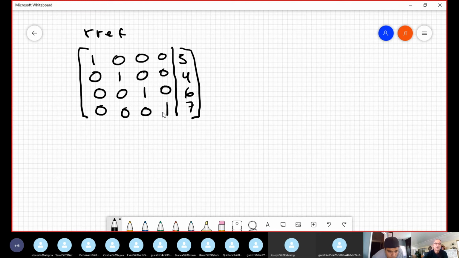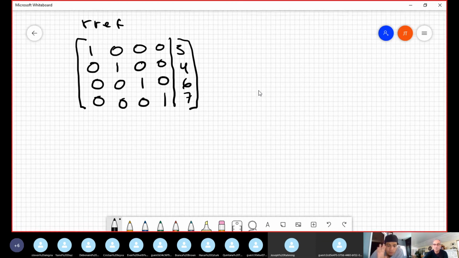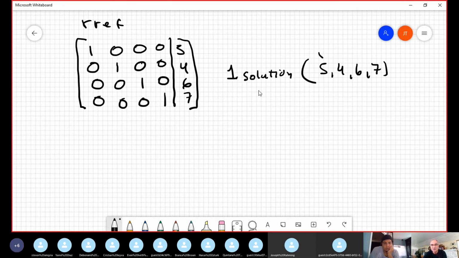How many solutions do we have in this case? One solution. Maybe he is right. One solution, corresponding with the tuple 5, 4, 6, 7. X is 5, Y is 4, C is 6, and W is 7.